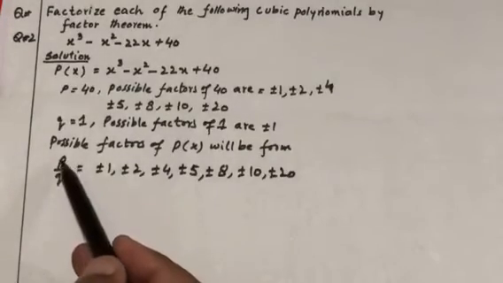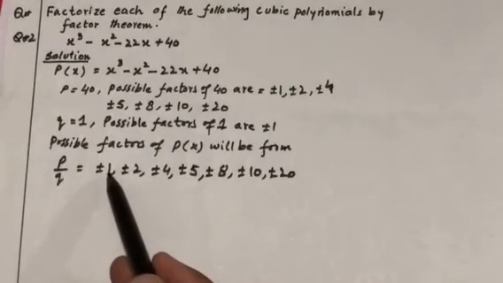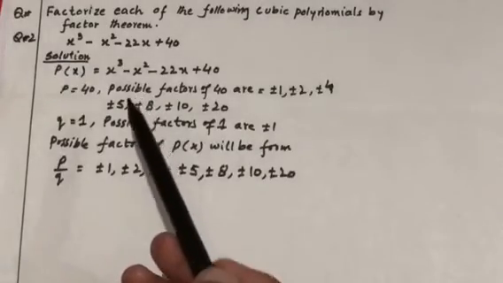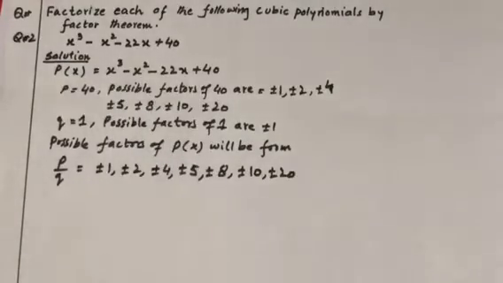So the possible factors of p of x are plus minus 1, plus minus 2, and so on. So by using these factors we will find the factors of the cubic polynomial.